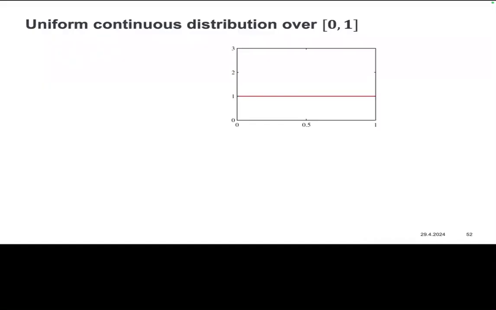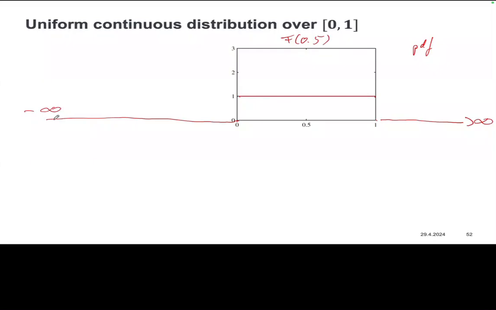Well, it would mean, of course, that this is 0 at all times from minus infinity until 0, then it jumps to 1, then it stays at the value of 1 until 1, and then it continues this probability density function.